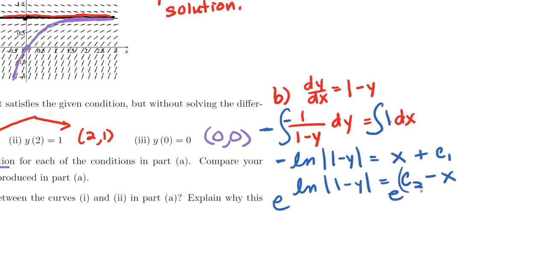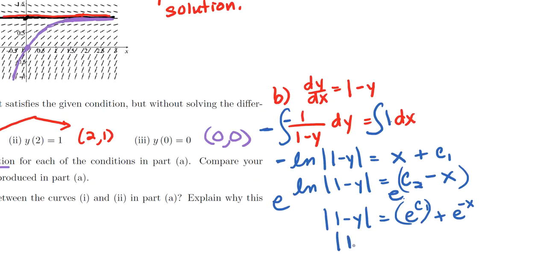So remember that this is going to become just our 1 minus y. And here we're going to write this as e to the constant, and then plus an e to the negative x. And this term is just a constant.